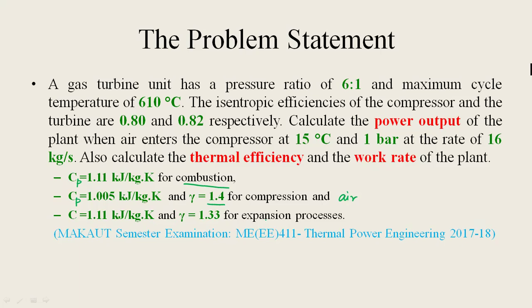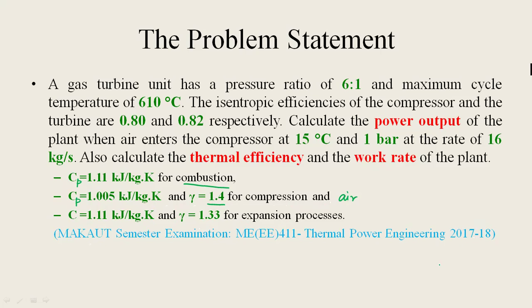During the turbine also it is actually the product of combustion, that we have to keep in mind. And the second one, Cp is equal to 1.005 kilojoule per kg Kelvin and gamma is equal to 1.4 for compression. This is for air.